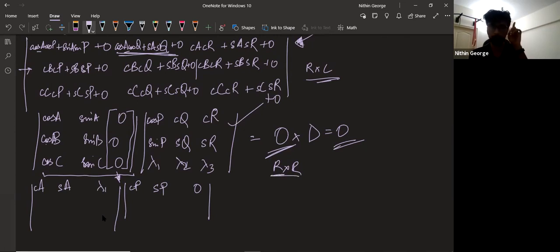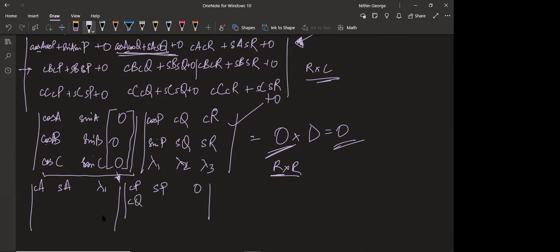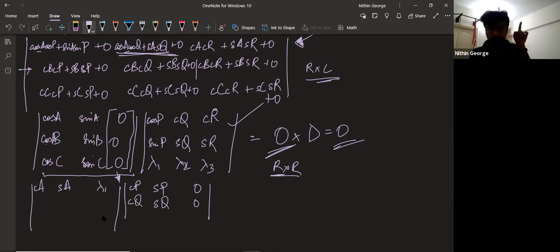I'm doing row by row calculation, don't forget. So it will be cos A cos Q plus sin A sin Q and 0. The third element will be first row and third row in the second determinant. So cos A cos R plus sin A sin R. I'll put 0 here.